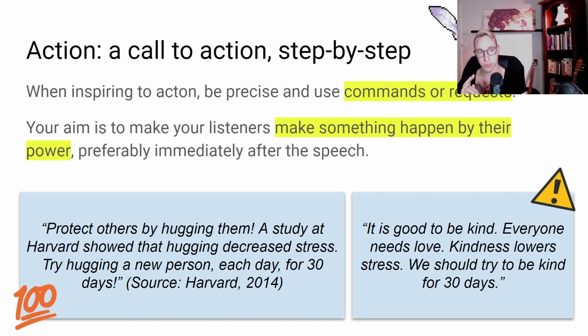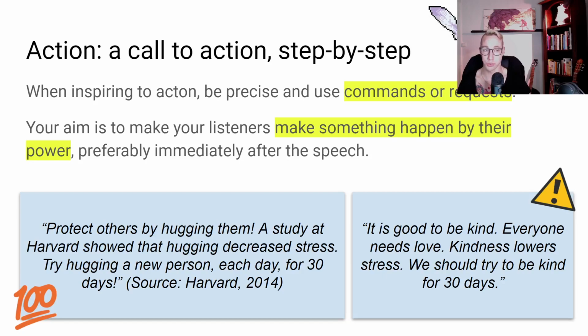And preferably, you want this step to happen immediately after the speech. You want them to do something. Once they've listened to you, once the applause has rung out, you want them to do something that will solve or satisfy the need that you presented.